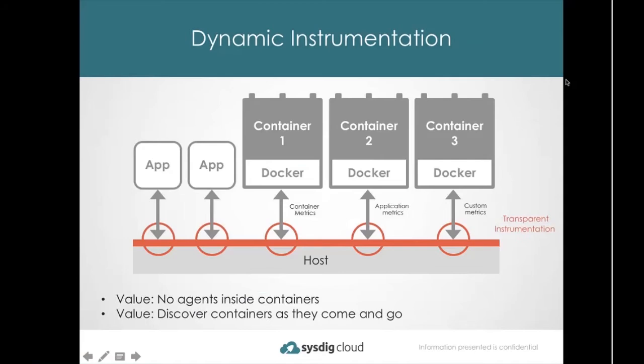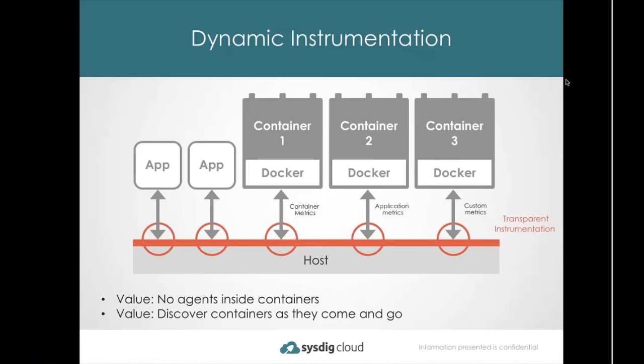I also want to see application metrics, things that my apps already expose through APIs, very common for open source components like Apache, Tomcat, MySQL, HDFS, RabbitMQ, et cetera. And then I also want to see custom metrics, so StatsD or JMX metrics that my developers are exposing through their code. And I need all of that together in a single place in order to truly understand what's going on with my application.